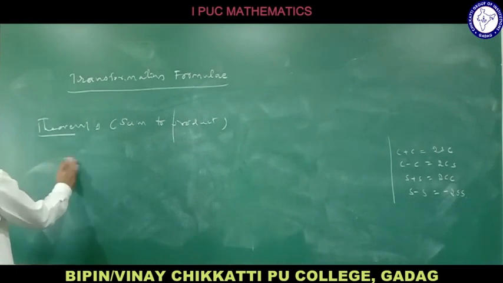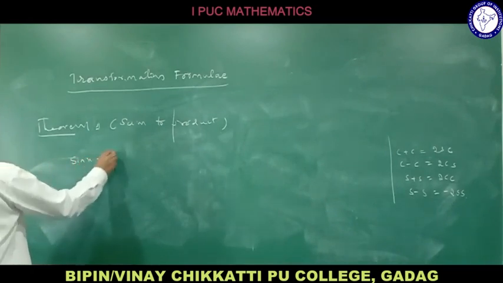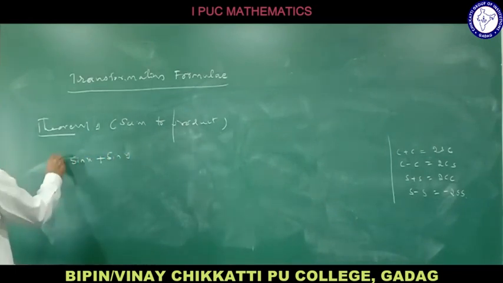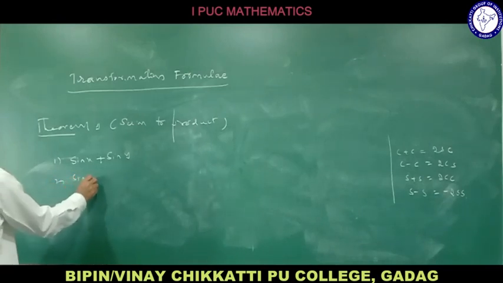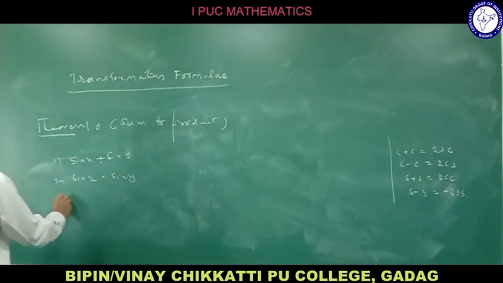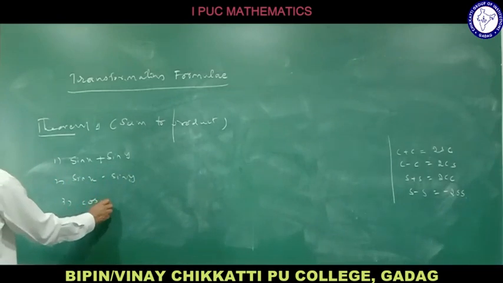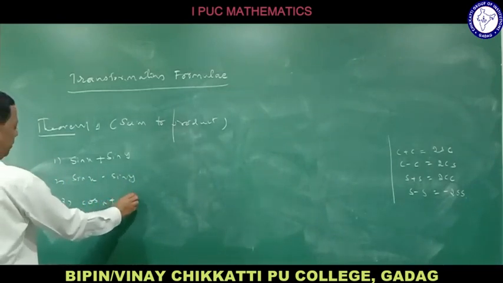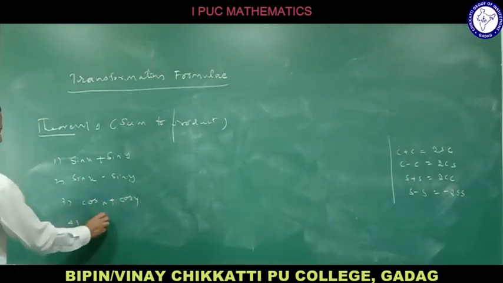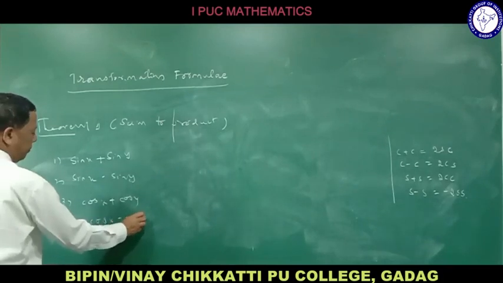First one is sin x plus sin y, number 1; sin x minus sin y, number 2; cos x plus cos y, number 3; and number 4, cos x minus cos y.